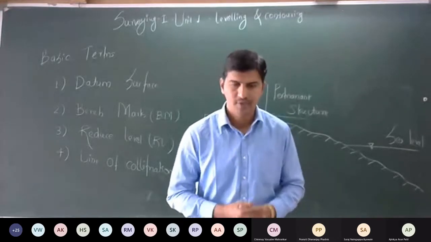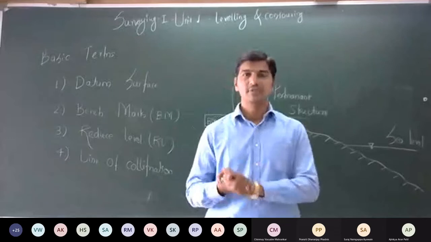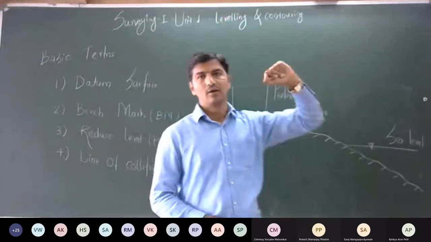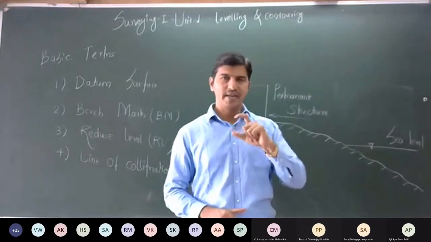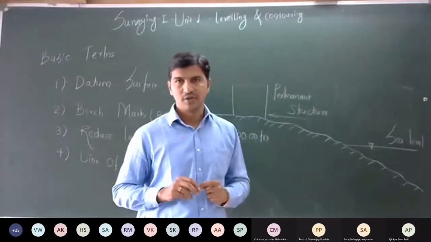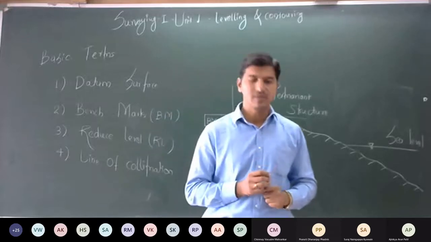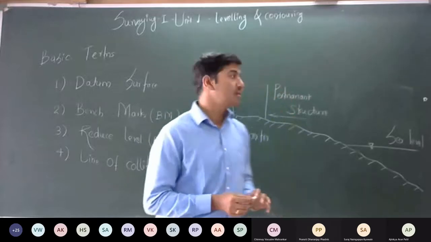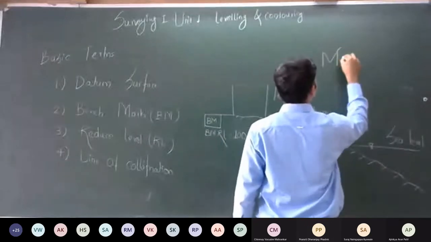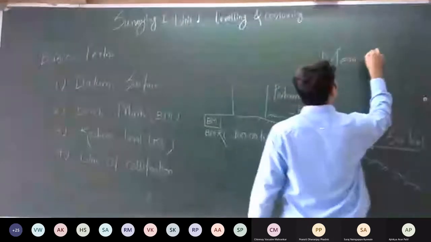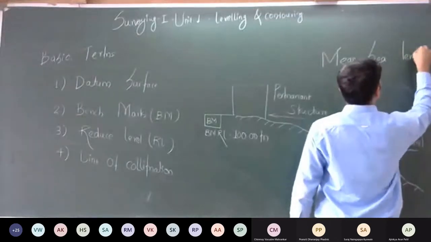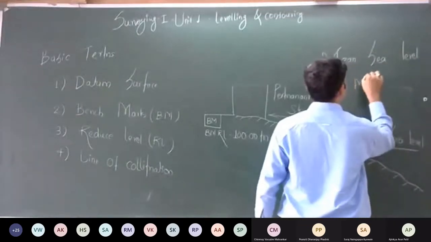No one? Okay. Now, datum surface, as we have learned about leveling. Leveling is nothing but finding out the relative heights with reference to some datum surface. So that datum surface is nothing but your mean sea level, in short called MSL.